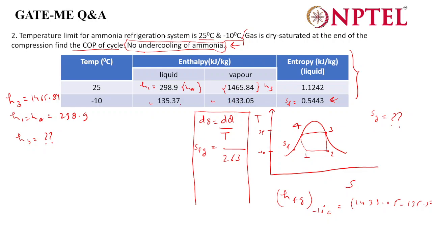This minus this. Am I clear or not? Yes, sir. This value minus this value. What is the value coming? 1297, can one person tell?